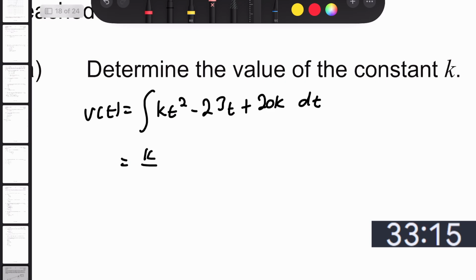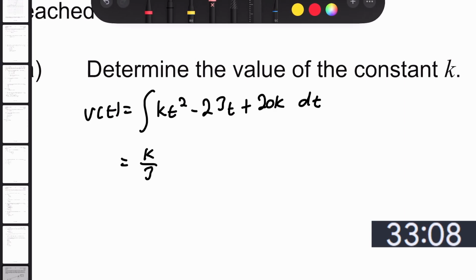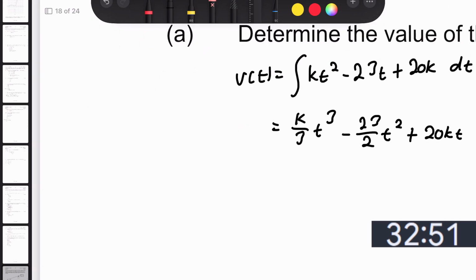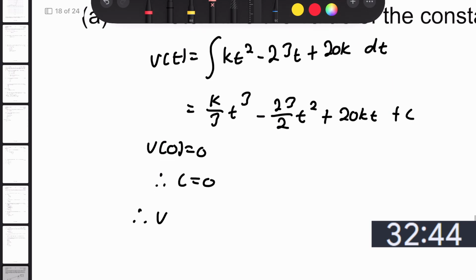This is k on 3 t to the power of 3 minus 23 on 2 t squared plus 20, yeah, because it's dividing by 1, t plus c, and then v of 0 was 0 because we initially started at rest, therefore c equals 0.